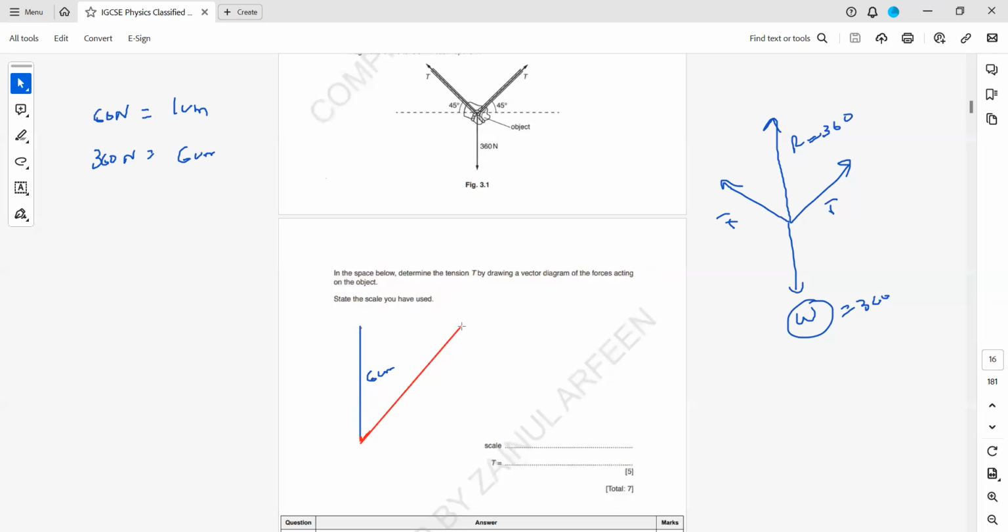The length we don't know, because we don't know the magnitude. This angle with the vertical is 45, so this angle will also be 45. We draw a line T at an angle of 45. It can be any length, because we don't know the magnitude of T. Same thing from the top, because the second vector is also making 45. We draw the second vector at an angle of 45 from the top, at any length.